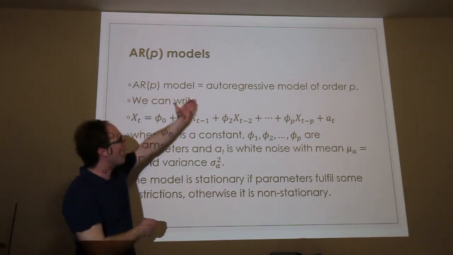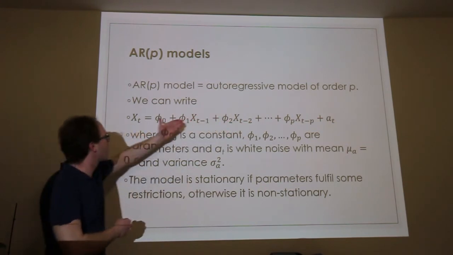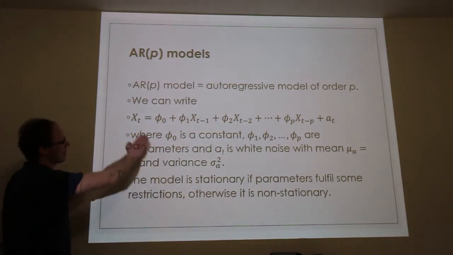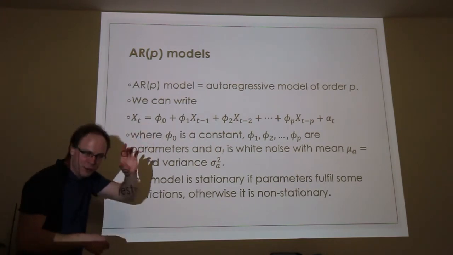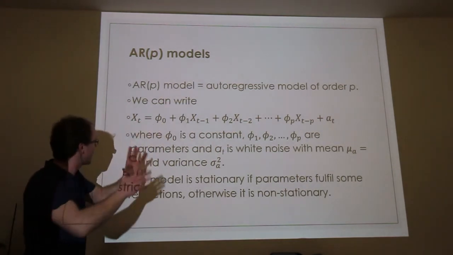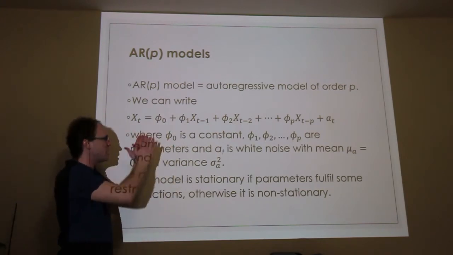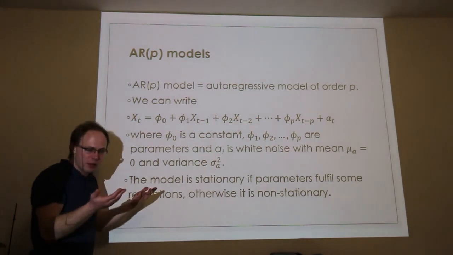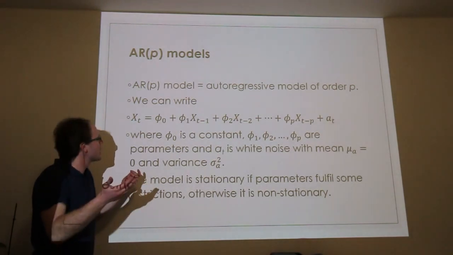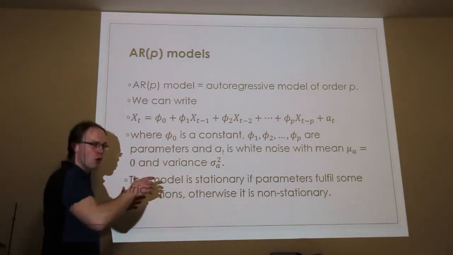So in general, an autoregressive model of order P can be written like this. X in time t is equal to phi 0, which is a constant. The constant can be placed in the model if it's significant at a particular level of significance, or this constant is omitted.